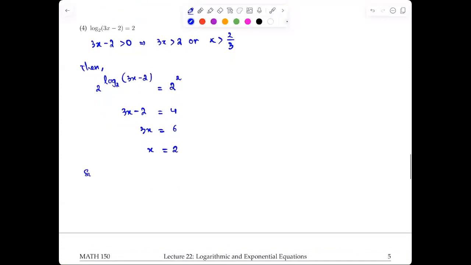And you say that since 2 is greater than 2/3, the solution is x equal to 2. Any questions?